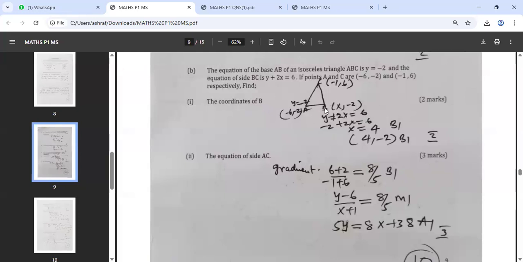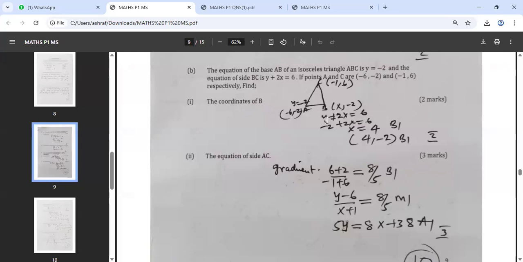Then point B is the point of intersection of line BC and line AB. So for you to find the coordinates of the point of intersection of two lines, you solve the equations of the two lines simultaneously. Since we know the equation of line AB is y equals -2, we substitute -2 into the equation of line BC, which is y plus 2x equals 6, so that we can find the value of x.